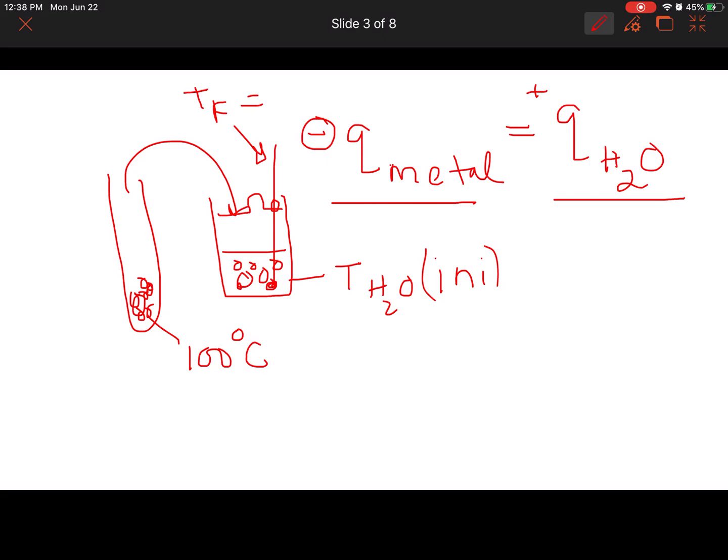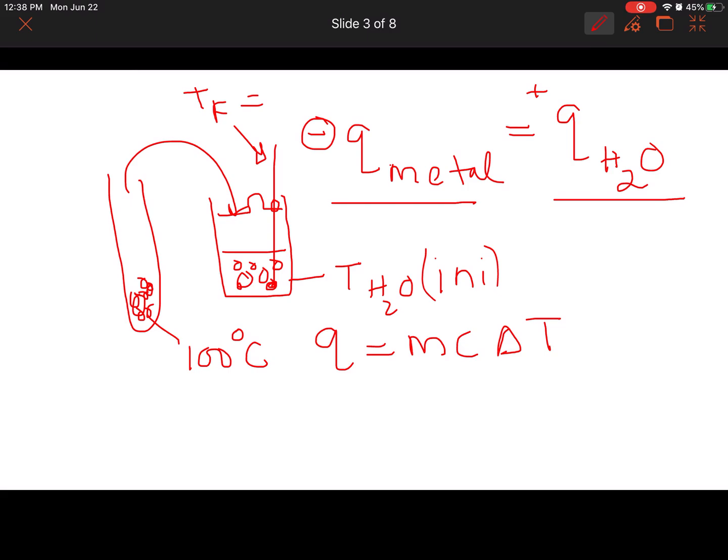Now how can we find out specific heat? We are going to use this equation, Q equals mc delta T. M is the mass of the object, C is the specific heat, and delta T is the temperature difference.